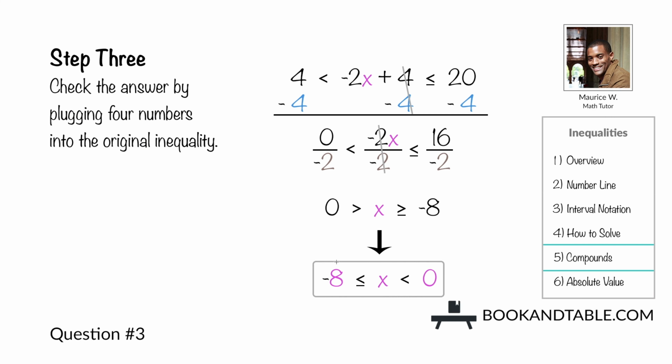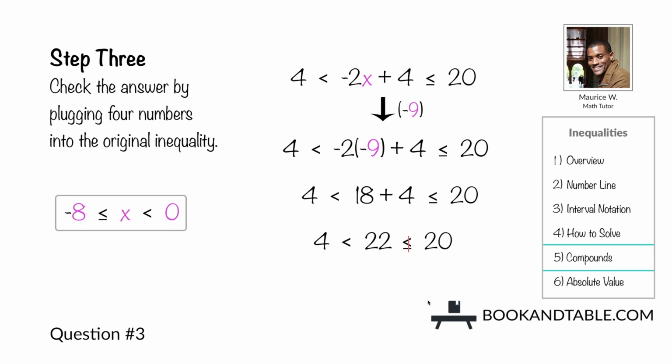Step 3, check the answer by plugging 4 numbers into the original inequality. So since we have negative 8 is less than or equal to x, we want to test a value that is too small, which would be negative 9. That should not work. We then want to test negative 8, since x can equal negative 8, and that should work.